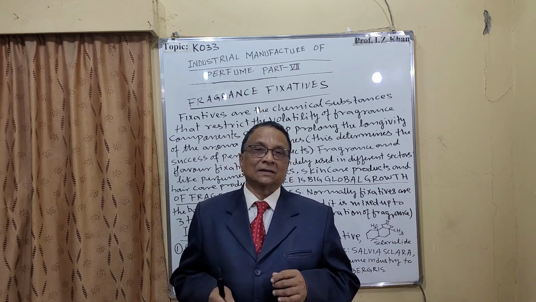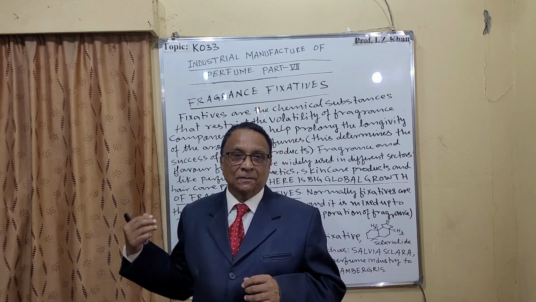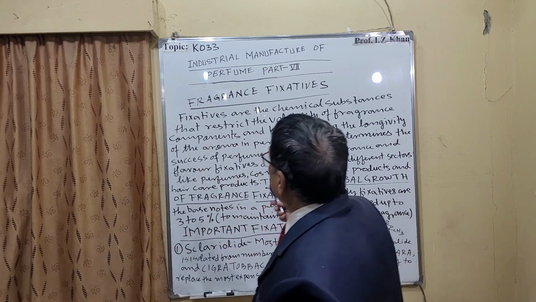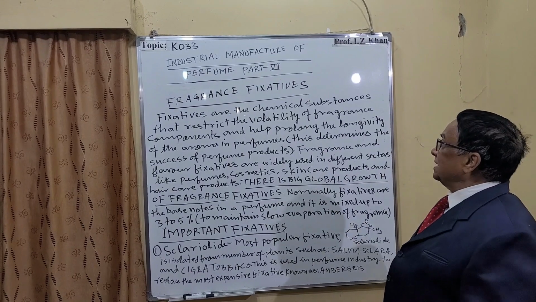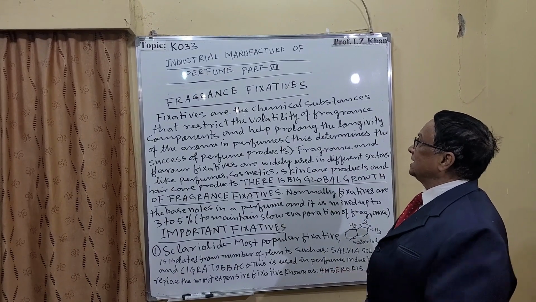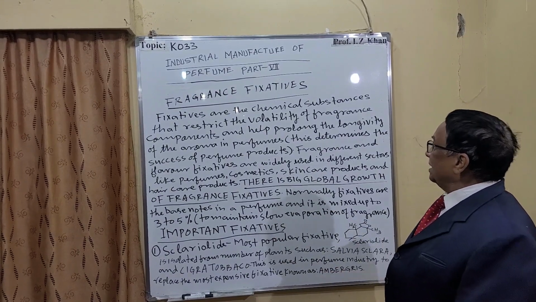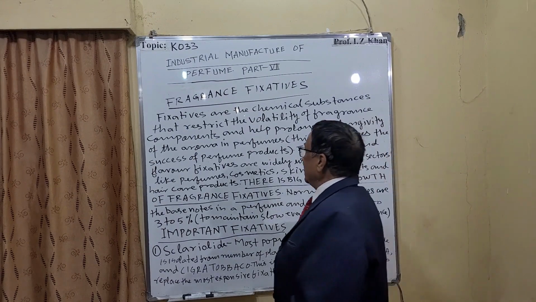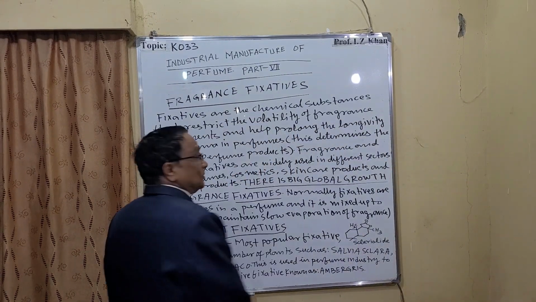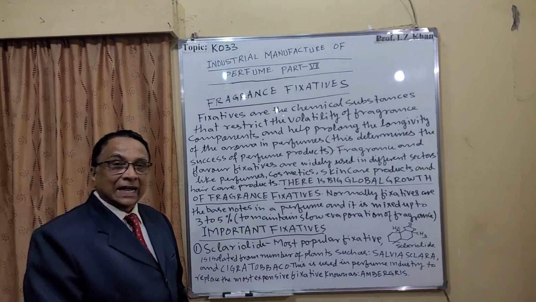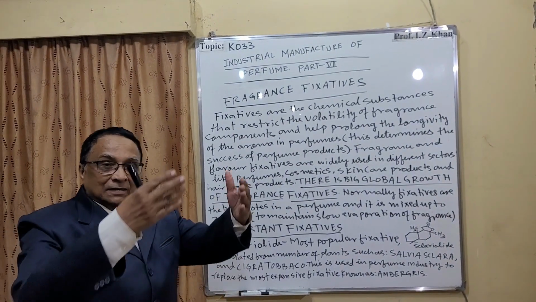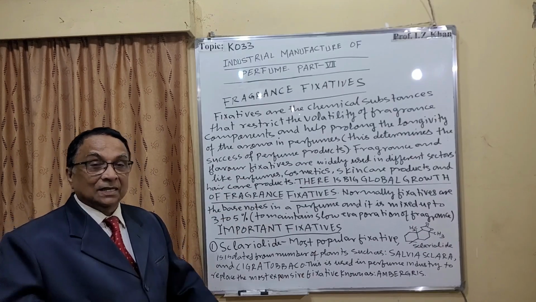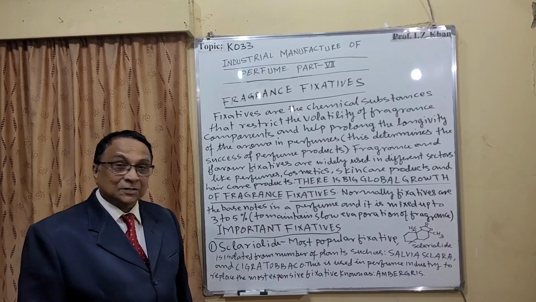So I am going to give here the fragrance fixatives. Fragrance fixatives are the chemical substances that restrict the volatility of the fragrance. I have already told you that they will check and balance or restrict the fast evaporation of the fragrance molecules.